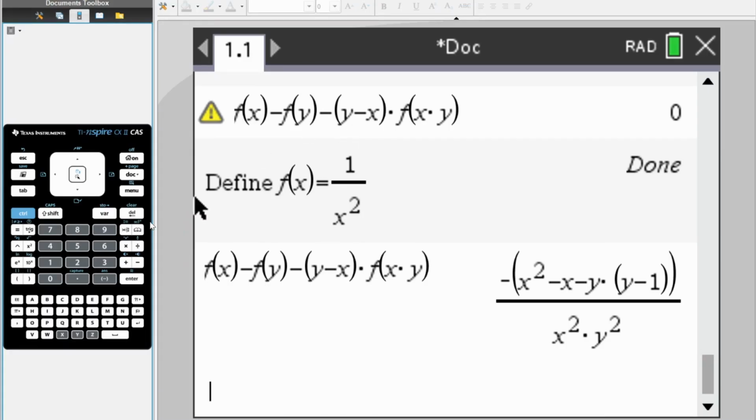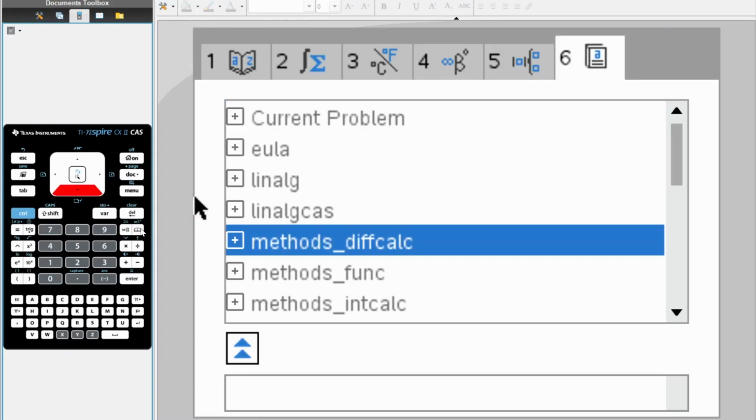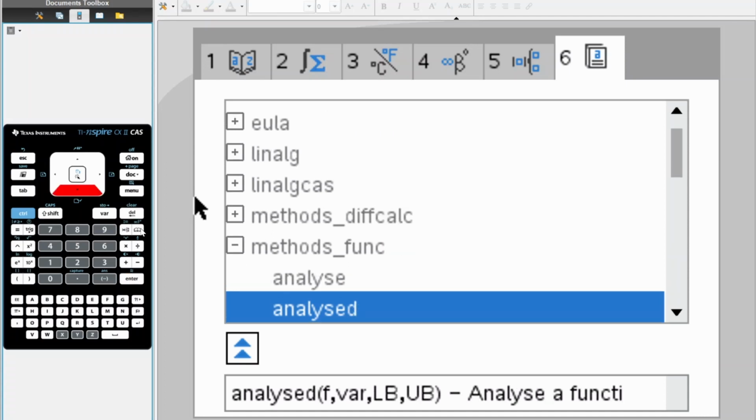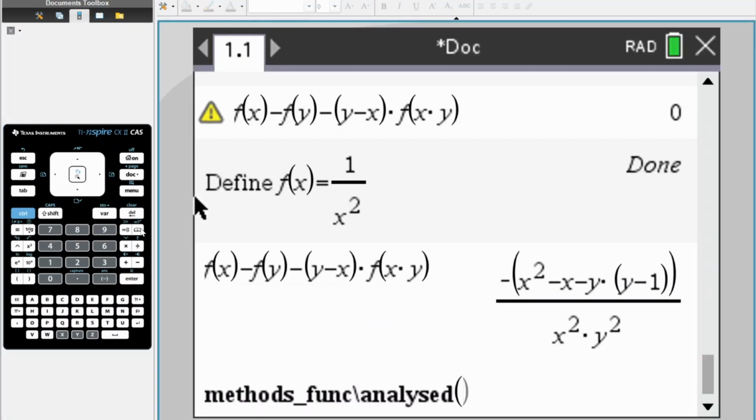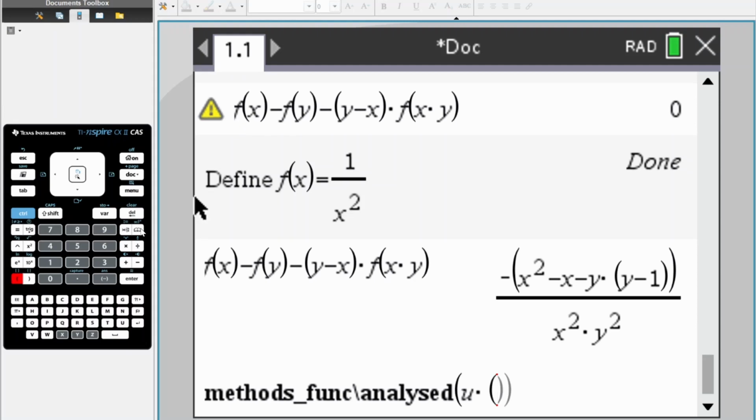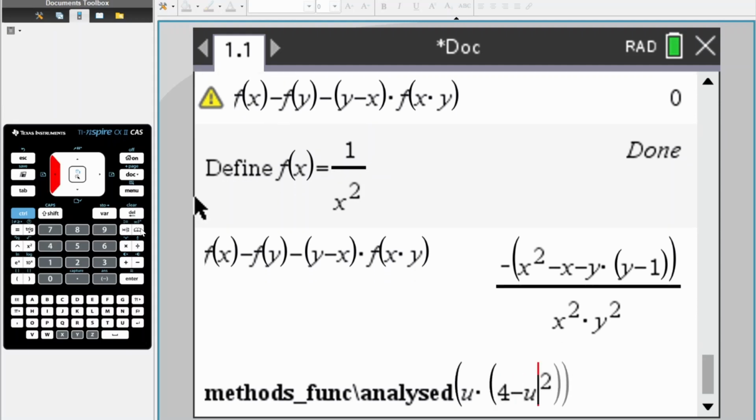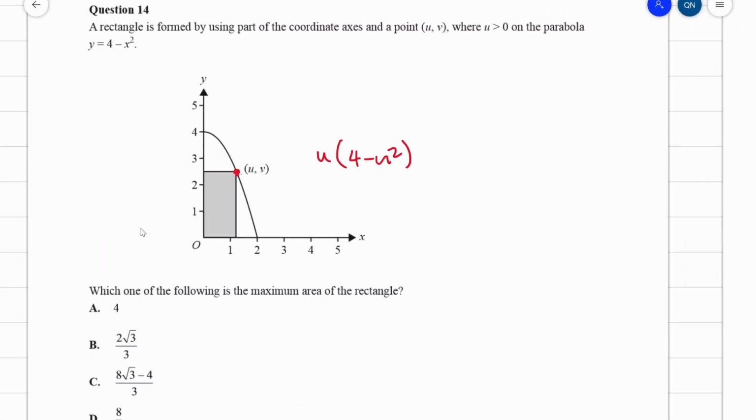So what better program to use than the analyze program? So we'll go analyze with domain, and we'll do u times 4 minus u squared. Just make sure that you put a multiplication between u and the bracket. Otherwise, if you just put it like that, the calculator will assume u is a function, which it's not, it's a variable. We'll do comma u, comma 0 to, I believe it was 2, right?